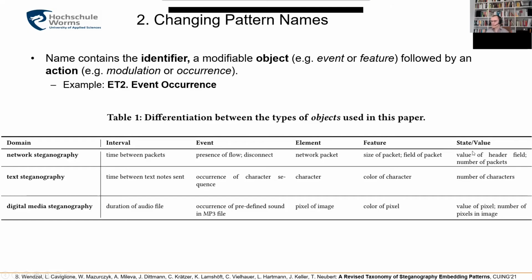So for instance, a state or value could be a value in a header field, number of packets, number of characters in text, and value of a pixel or number of pixels in an image.